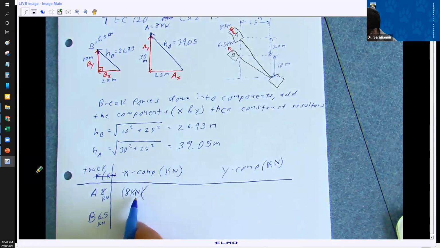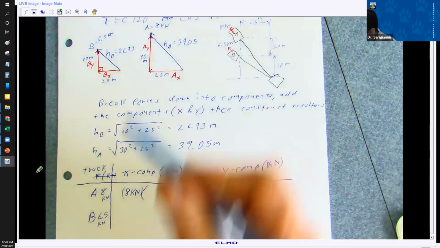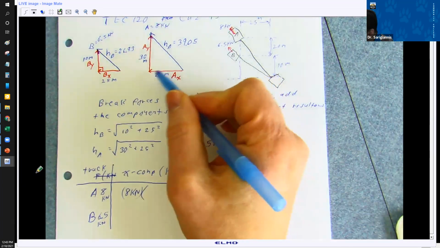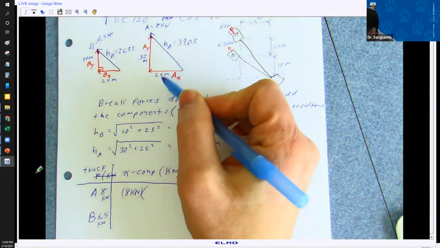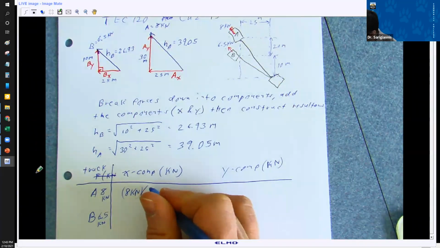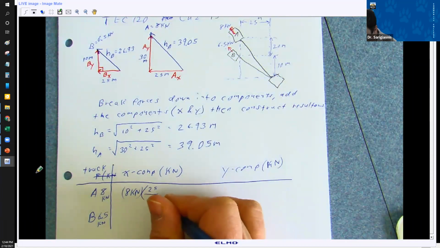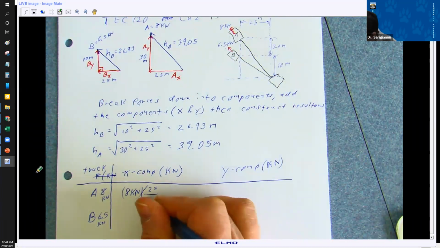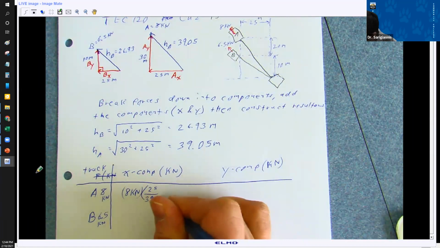It's like we're saying the fraction of this force is the same fraction as the length is of the hypotenuse, right? The same length to length ratio. So 39.05.